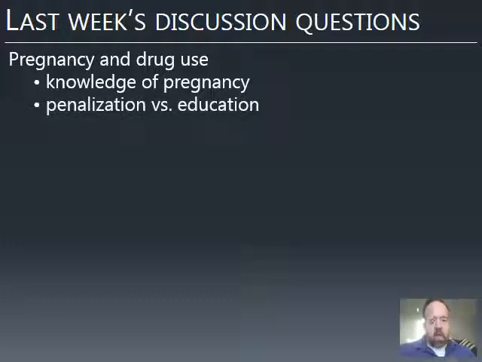Also, the degree to which resources should be put toward penalization, punishment, or education. And so this is true not just of this issue with pregnancy, but of drug use in general. This is a big debate whether we should focus our attention on punishing those who break drug laws or on a more preventative approach and focus on education.